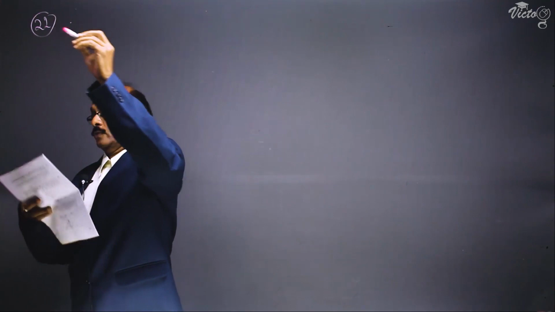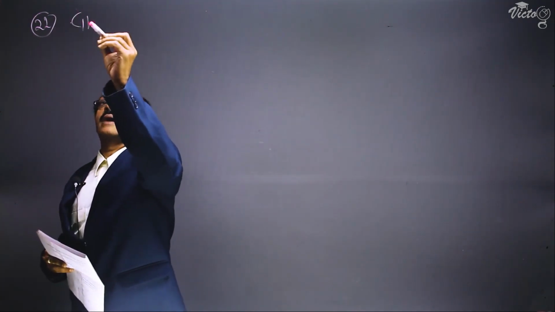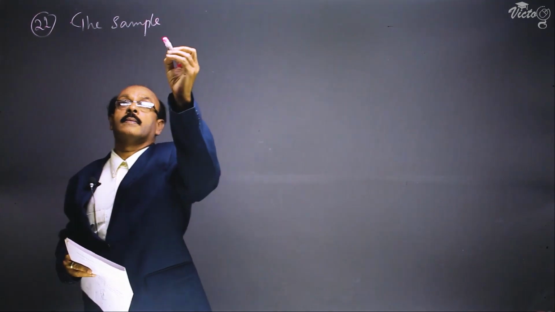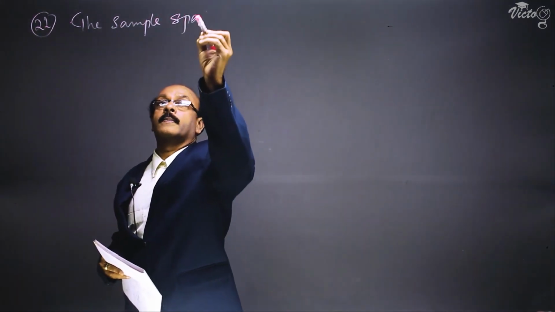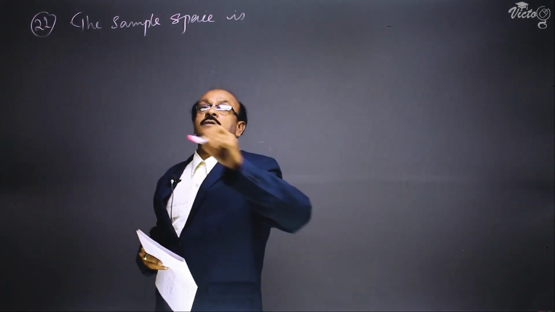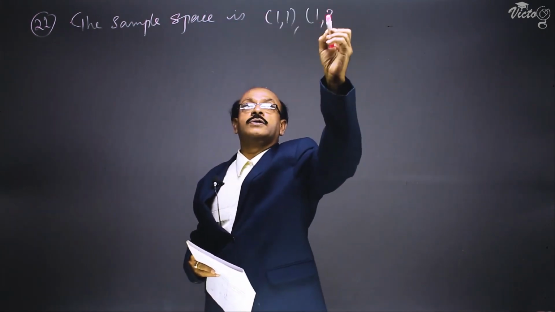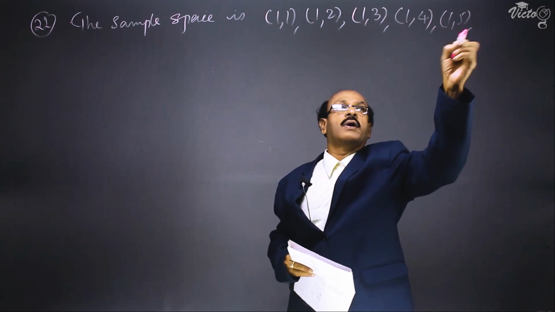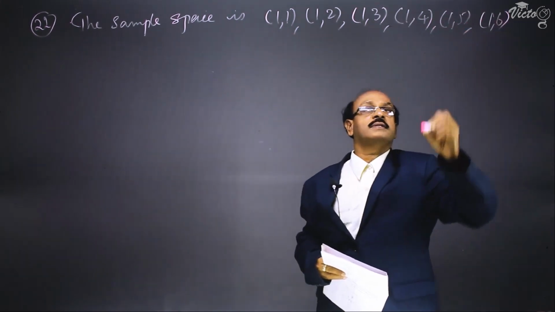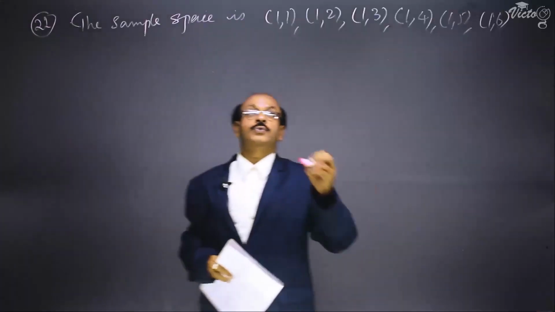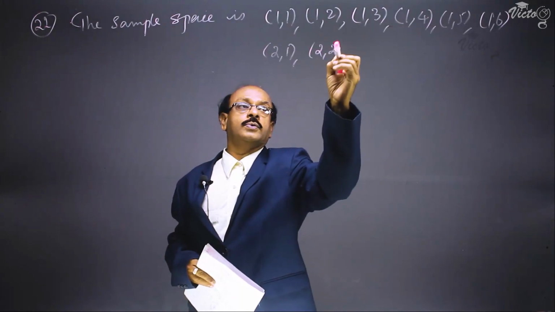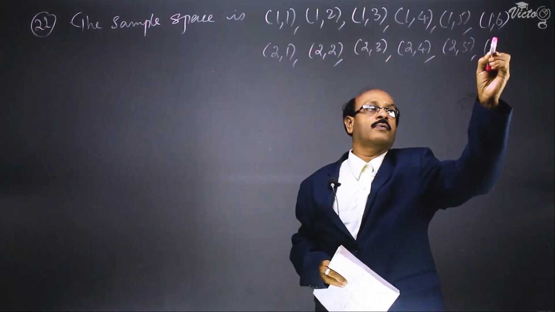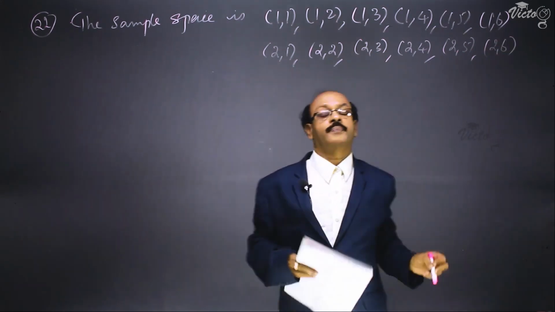Question number 22. The sample space is 1 1, 1 2, 1 3, 1 4, 1 5, 1 6, 2 1, 2 2, 2 3, 2 4, 2 5 and 2 6.